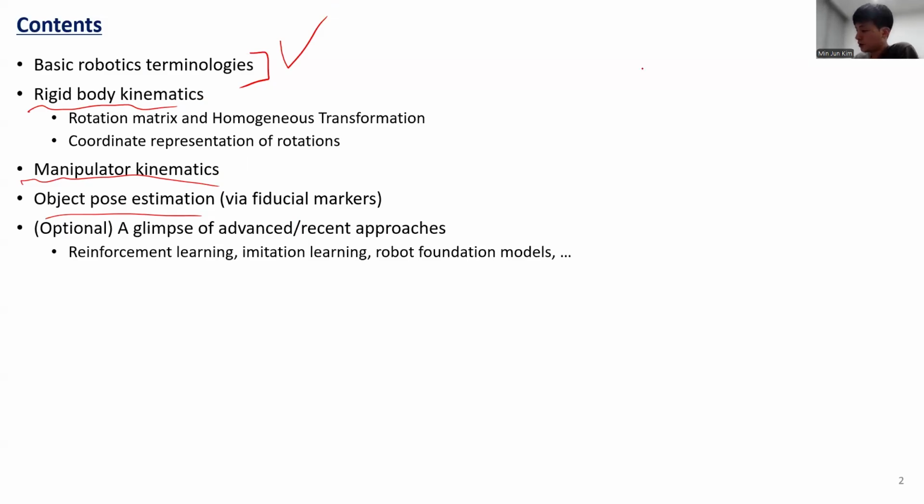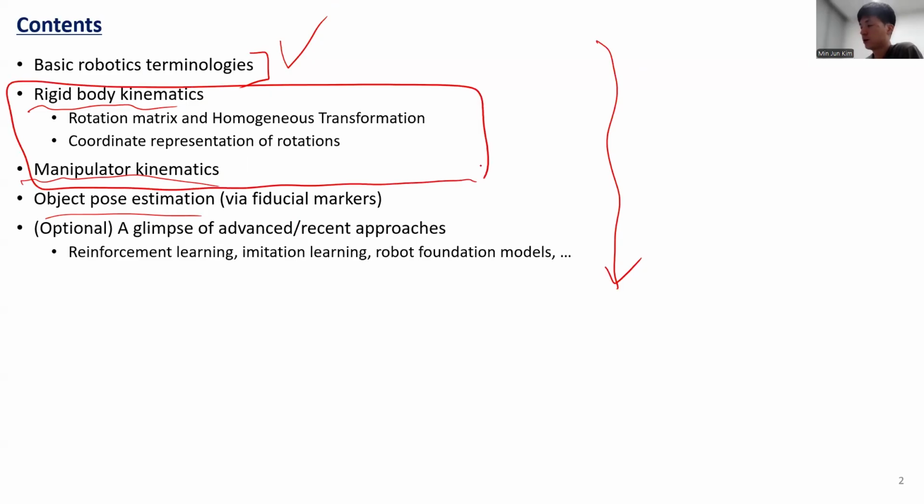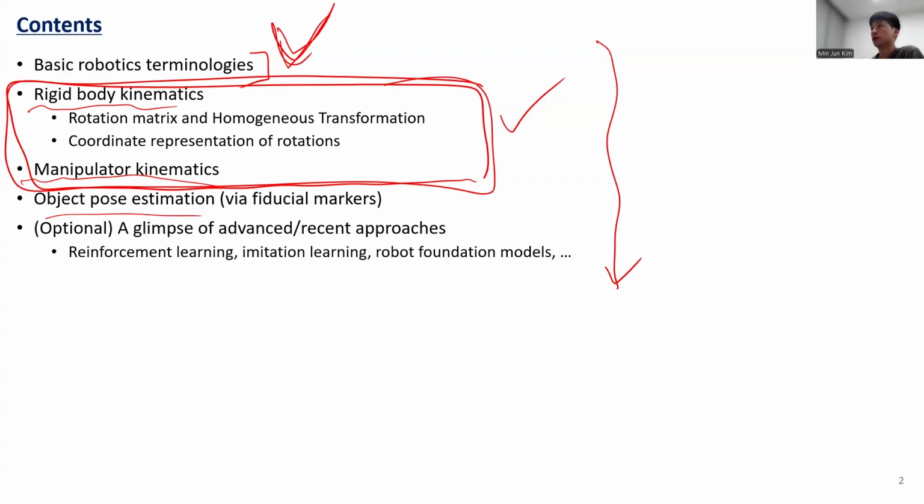But I'm not gonna follow the order in today's lecture. I'm gonna focus on rigid body kinematics and manipulator kinematics. So basically, I'm skipping this part, okay? Because next week, in the lab session, this part is more relevant.